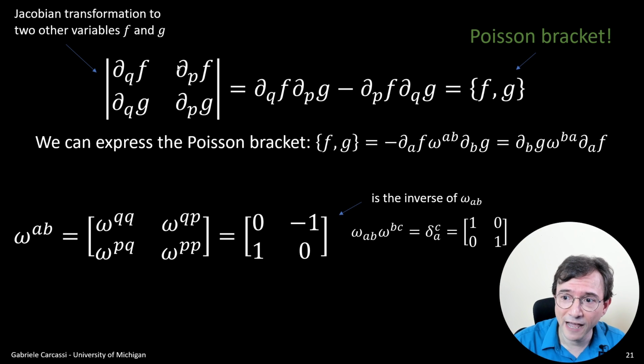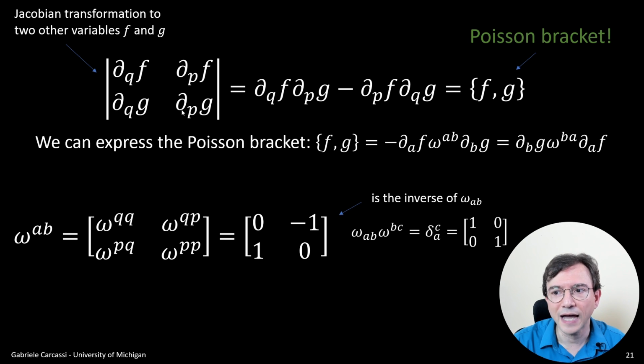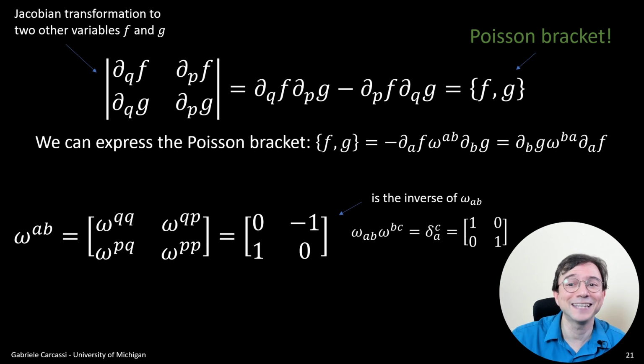And again, you would have a Jacobian matrix between F and G and Q and P. And you will be able to calculate the Jacobian determinant, which is going to be partial F partial Q, partial G partial P, minus partial F partial P, partial G partial Q. And if you've recognized this expression, if you studied Hamiltonian mechanics, this is the Poisson bracket. So the Poisson bracket is actually a determinant, and so again it makes sense, since we saw that the Jacobian determinants are a way to characterize Hamiltonian mechanics.